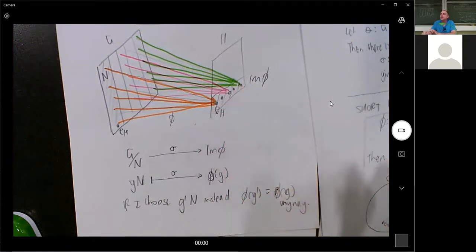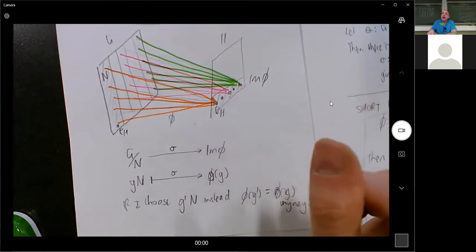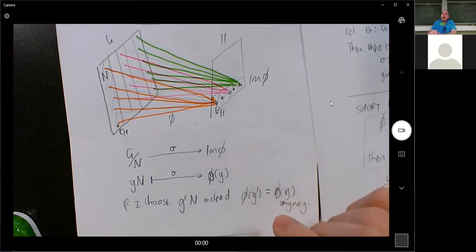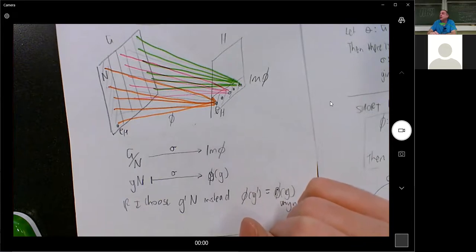And this is exactly how it works in linear algebra. When you do a linear transformation of Rn, like from R3 to R2, you squash the whole of R3 into a plane.